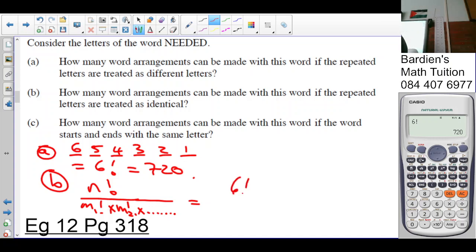So 6 factorial over m1, the first repeated letter, which is what in this case? E. There are 3 E's. Can you see that? So I write here 3 factorial times. Is there another repeated letter? Yes. Which is D. There are 2 D's. So it's going to be 2 factorial.